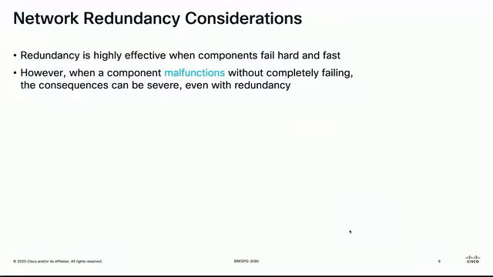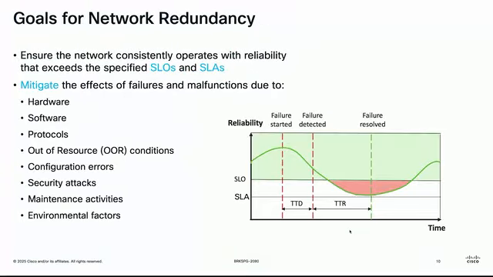And so, how do we ensure the high availability of networks and ensure compliance with defined SLOs and SLAs? Well, we need to mitigate the many different forms of both hardware failures as well as soft failures. And we also need to mitigate or address minor issues timely before they become major issues or major outages, okay?